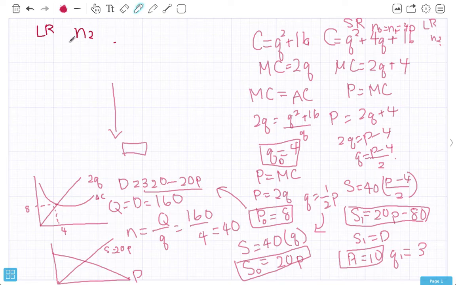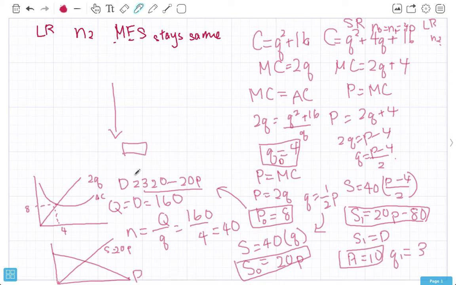But keep in mind, in the long run, because MES stays the same, your q here would go back to its initial state.